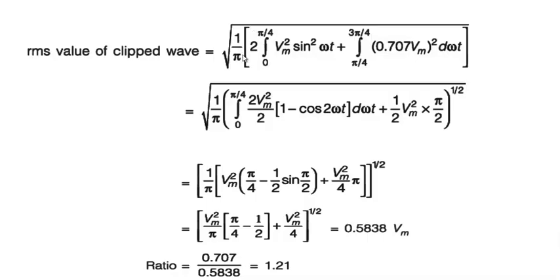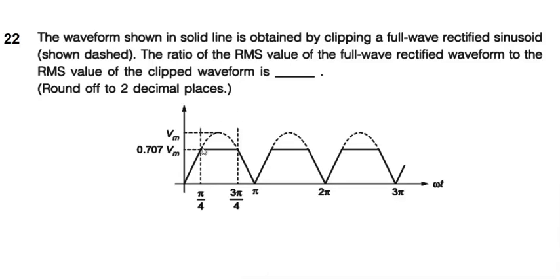So the formula to find the RMS value is given here. We need to get the squared waveform. From 0 to pi by 4, we have Vm sin omega t. The waveform follows the sinusoidal waveform, so we can represent it as Vm sin omega t.